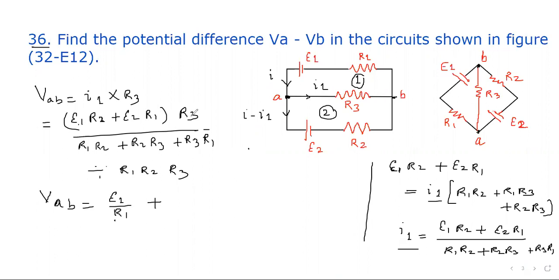Here it is E2 times R1 R3, so we will be left with E2 upon R2, divided by, when this term is divided by R1 R2 R3, we get 1 upon R3, from here 1 upon R1, and from here 1 upon R2. So that is our answer. Thank you for watching.